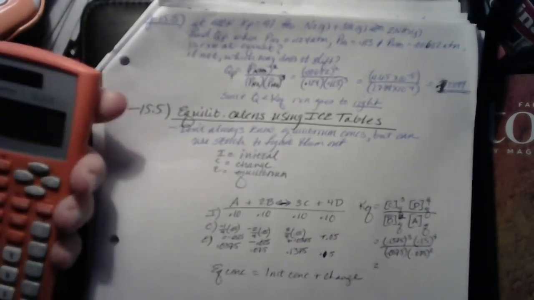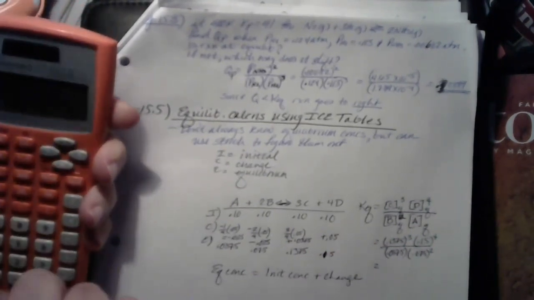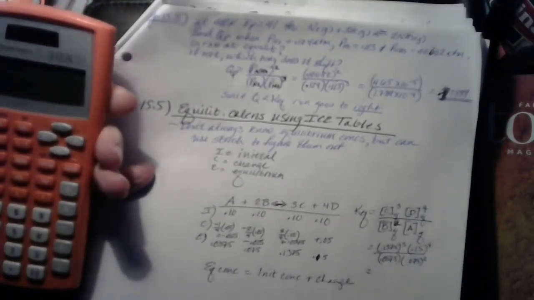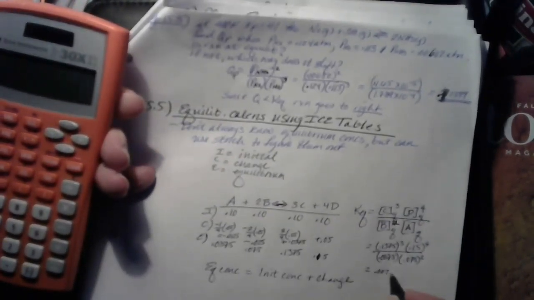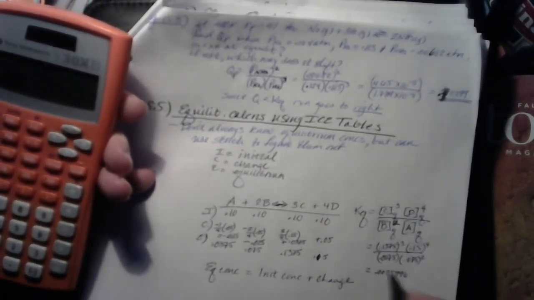And so this is going to be, let me find my other calculator since it's easier to do stuff like that on the other one. Okay, so 0.1375 to the third power is going to be 0.0025996.